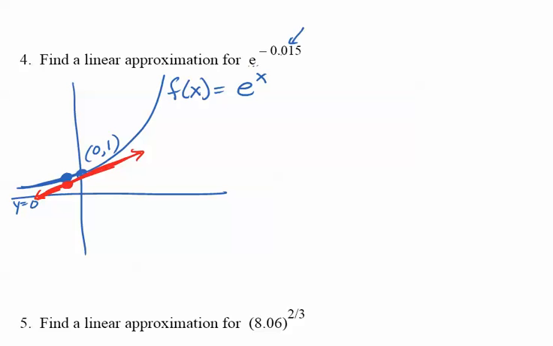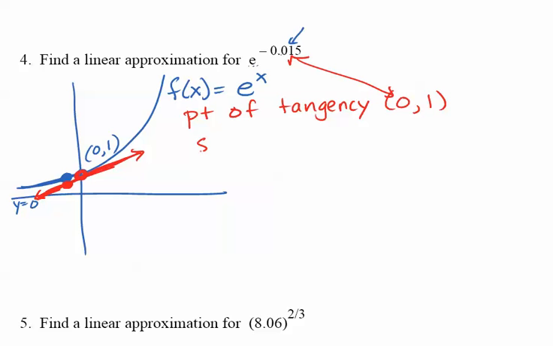So we're going to use the red point on this tangent line. So our point of tangency is going to be 0, 1. It's very close to the value we want. So x is very close to our desired x value. So the slope is going to come from the derivative.